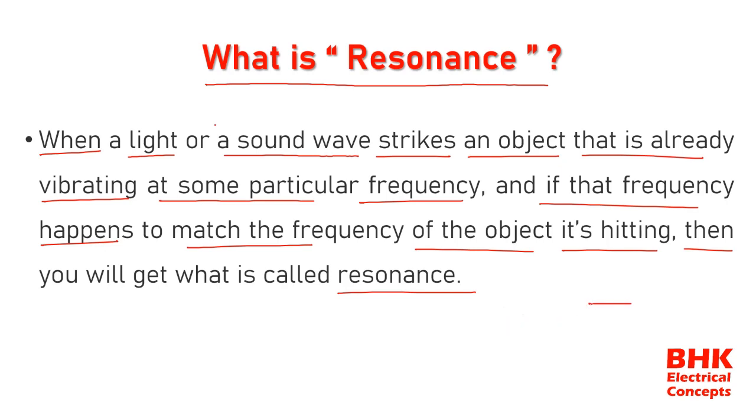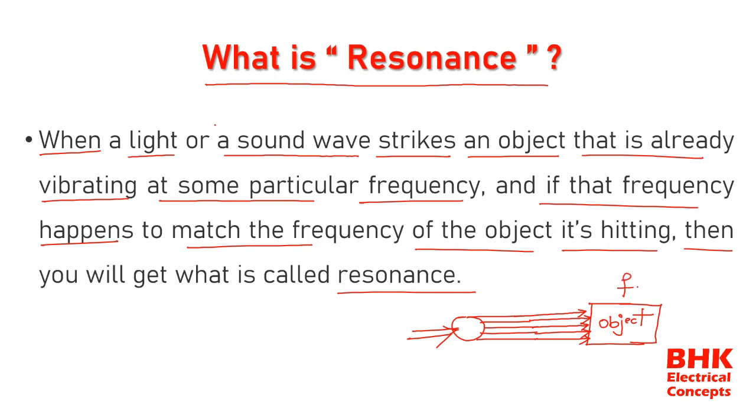For example, this is one object, and this is one light wave, and this light wave is directly hitting this particular object. Now we know that every object has some frequency.